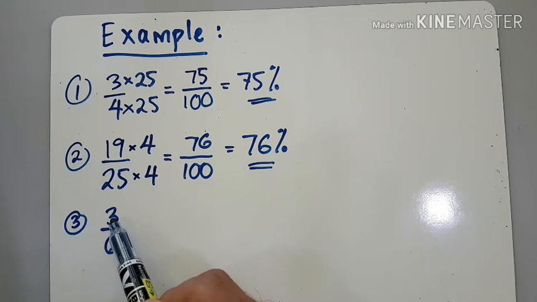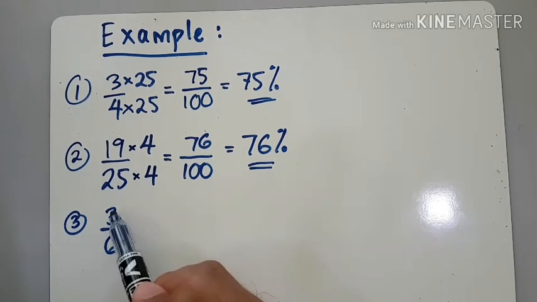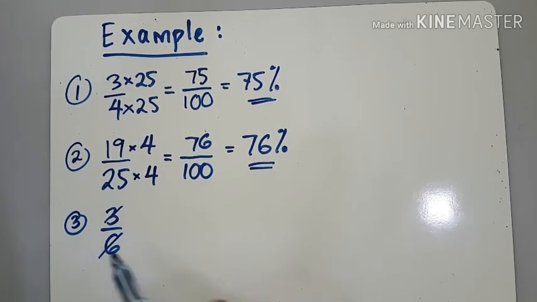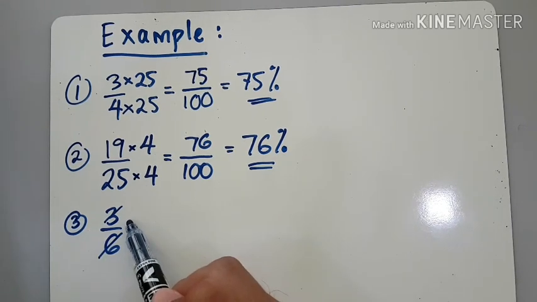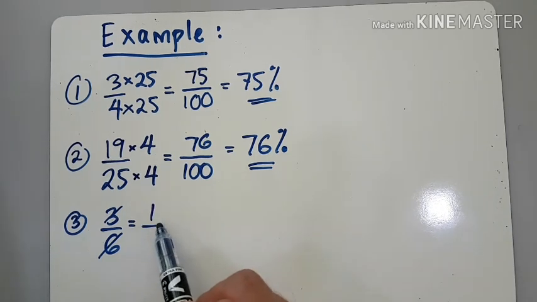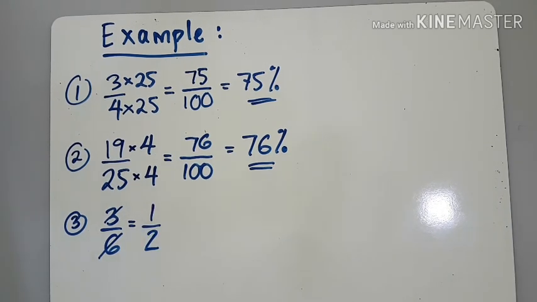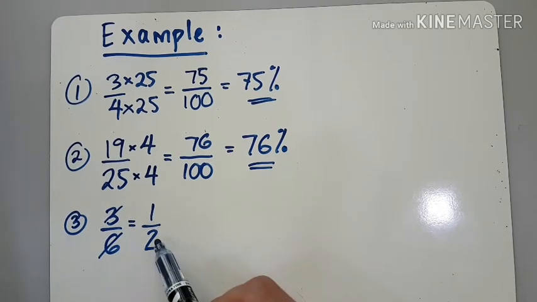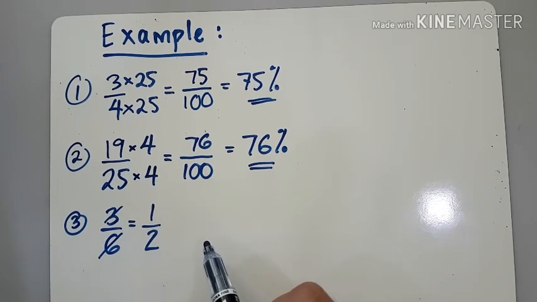So if we simplify 3 on 6, we divide both of them by 3, the answer should be 1 on 2, isn't it? Yes. So from this, can you now change 2 to become 100?